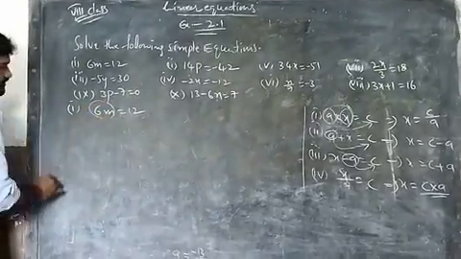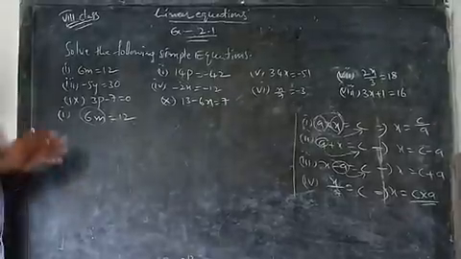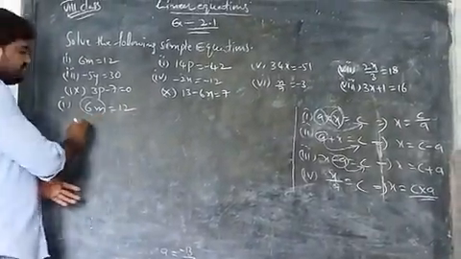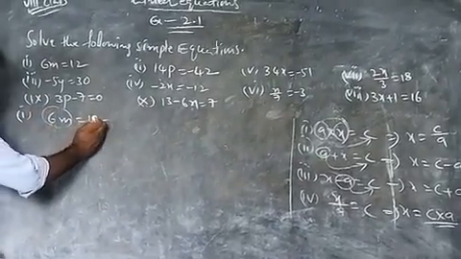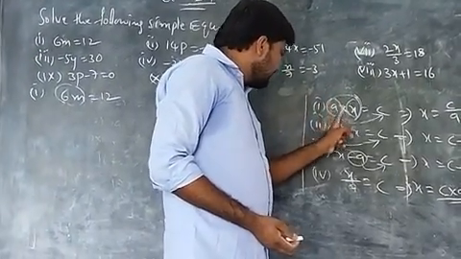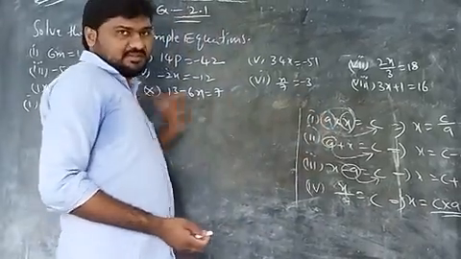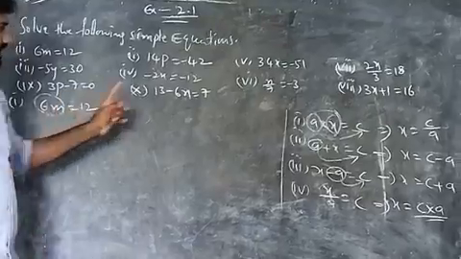There is 6m is equal to 12. 6m is nothing but 6 into m, multiplied with m. So when we translate 6 to the right side, what happened? Here you can observe that in the place of a is 6, and in the place of x is m.